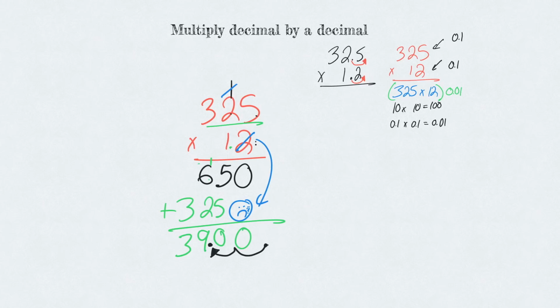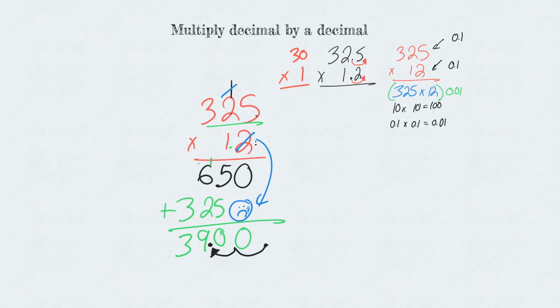Now let's go back here and look for reasonableness. So if I recall, my original problem here, 32.5 is about 30. And 1.2 is about 1.